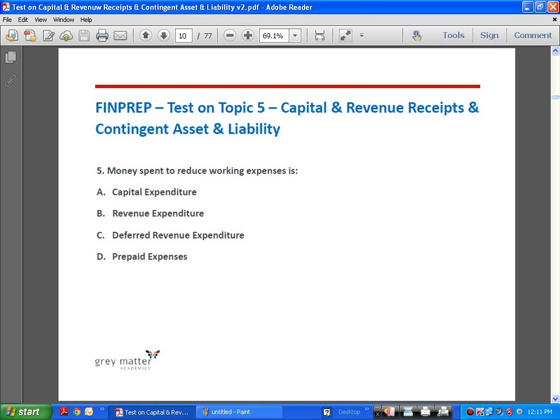Next, question number 5. Money spent to reduce working expenses. As I told you earlier, capital expenditure does not mean only purchase of a fixed asset.